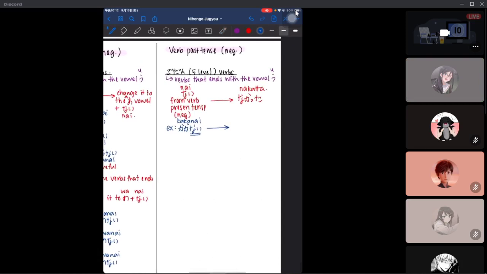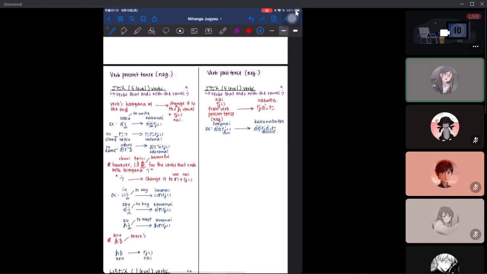Then it becomes kakanakatta. That is how you change it to past tense negative.